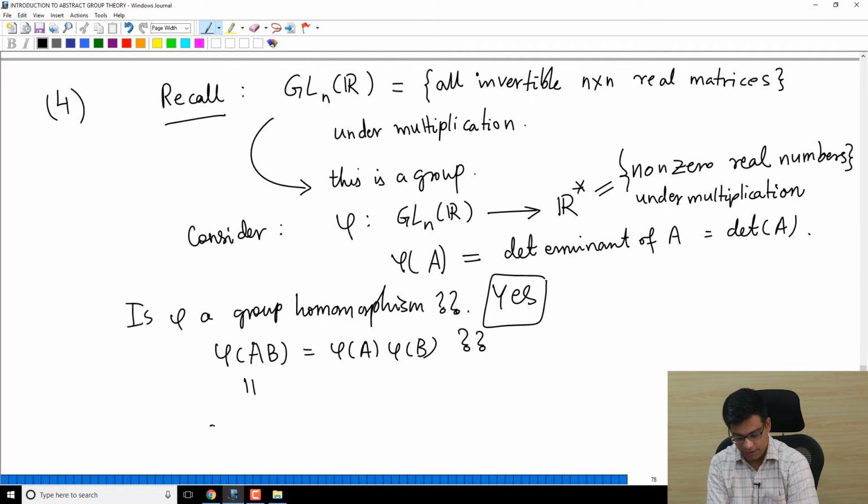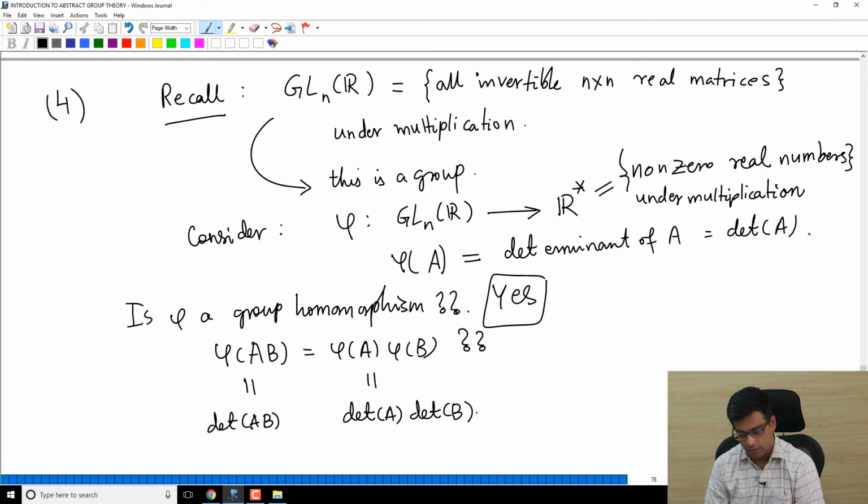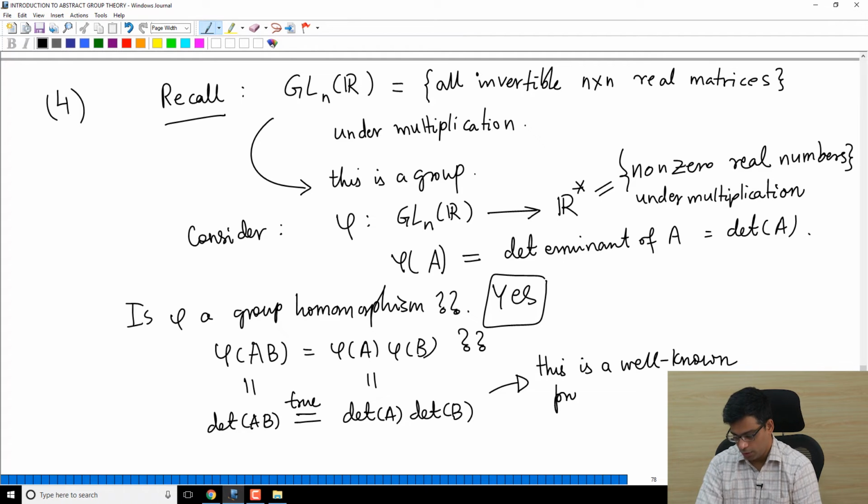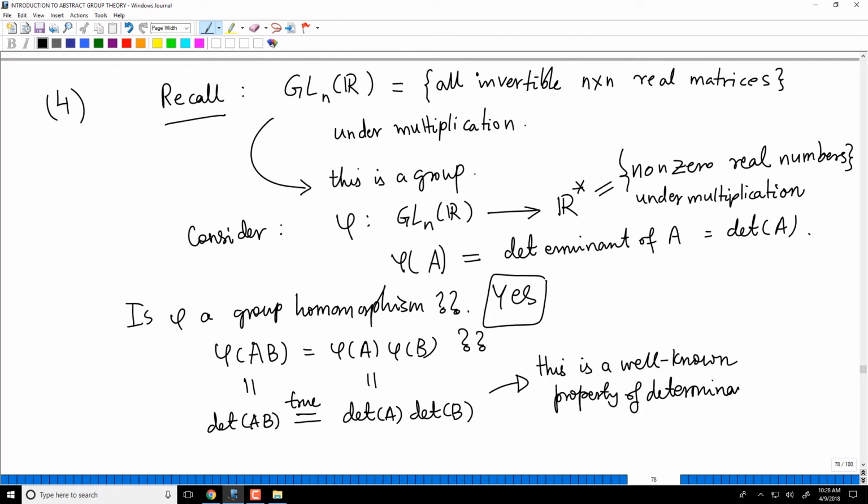Yes, because phi of AB is the determinant of AB, and phi of A times phi of B is the determinant of A times the determinant of B. If you have studied matrix theory before, one of the first properties of determinants that you will see is that det AB is equal to det A times det B. This is a well known property of determinants.